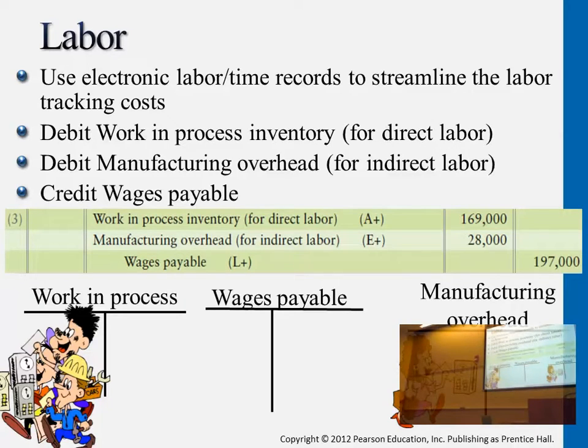We have first entry, purchasing materials. Second entry, using materials. Third entry, taking care of salaries for different types of employees. What's the third? Fourth, I'm sorry. The manufacturing overhead. We need to transfer a portion over to work in process, and this is the part that we need to estimate.